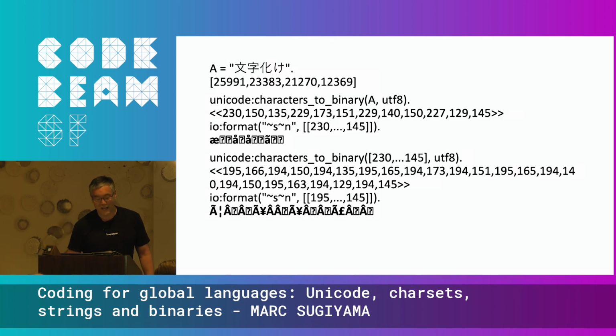So the way I got there was like this. I did this all in Erlang. I started with the moji baka, and we can see that that Erlang string is represented as these giant numbers, right? Each of the characters is one of those numbers. And then I tried, okay, so what happens if we take that list of characters, encode it in UTF-8, then print it out as a string?